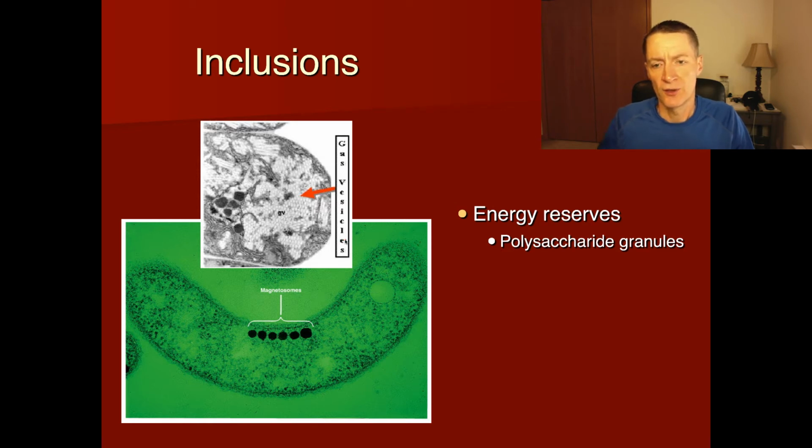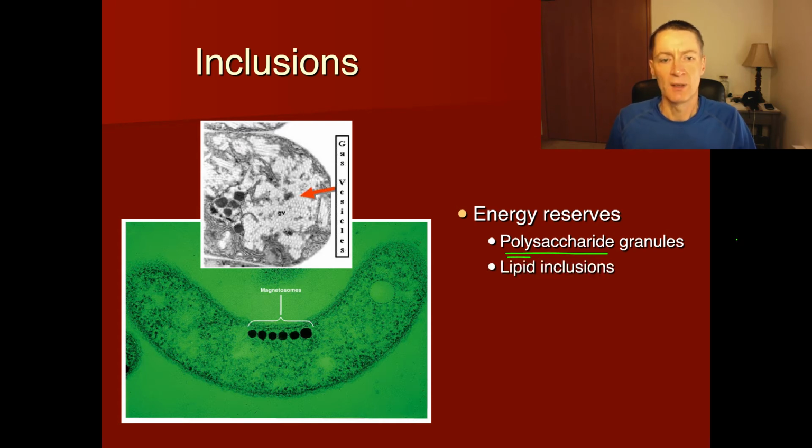Now this is something that we do sometimes see in eukaryotic cells, because polysaccharides could exist in the form of glycogen. And in fact, the human liver is packed full of glycogen inclusions. Okay, so some of these are found in eukaryotes, but it makes sense that a sugar, a polysaccharide, would be a good energy reserve.